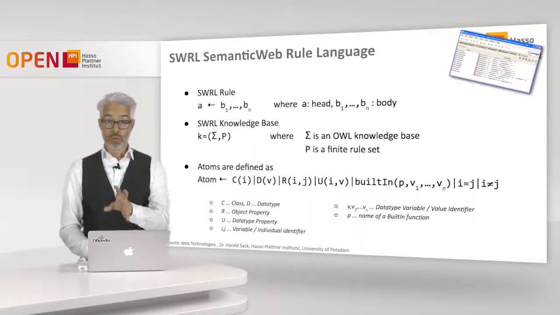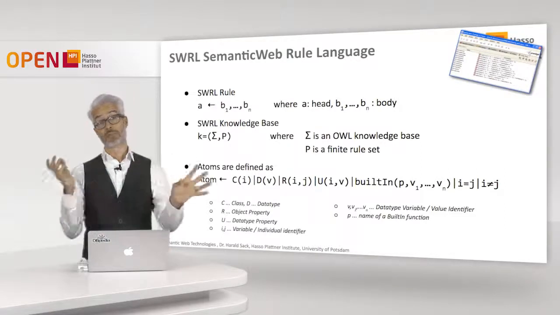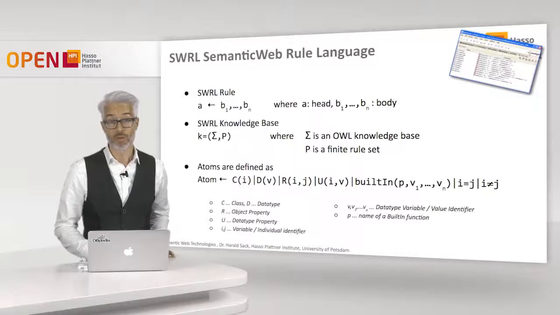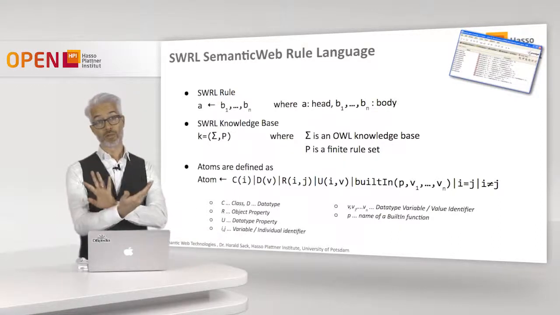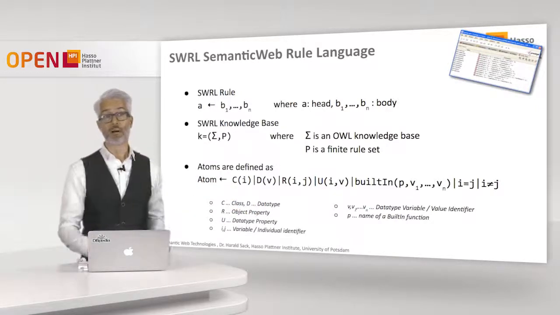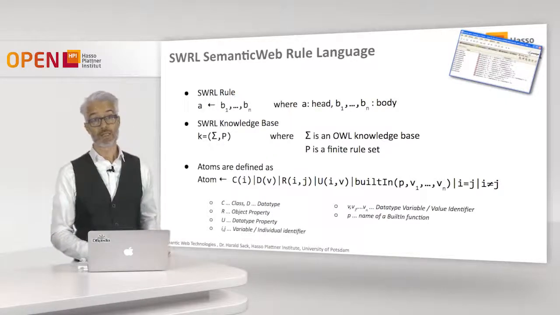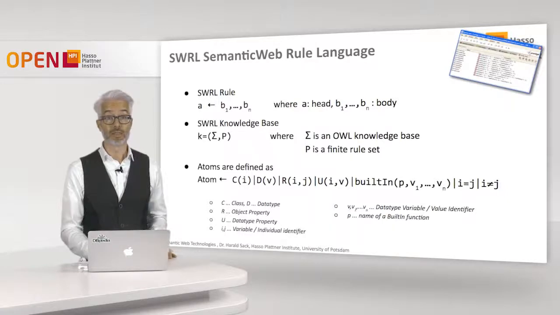Okay, so a SWRL rule looks the following way. Usually they are written the other way around. You also have seen this when we have talked about rules. So here the header is referred to first, and then the implication arrow simply is turned around. It changes direction, and then you have the body. So A here is the header. Usually it's one header element, and then you have a conjunction of elements which are here in the body.